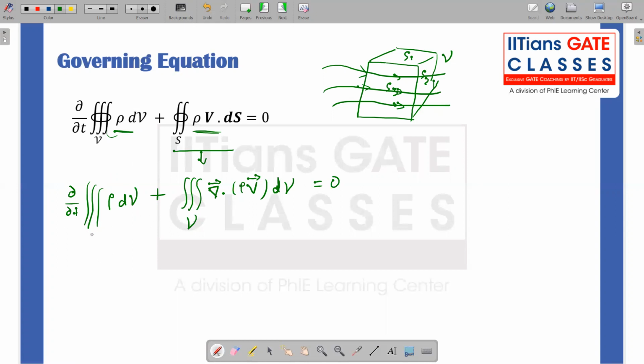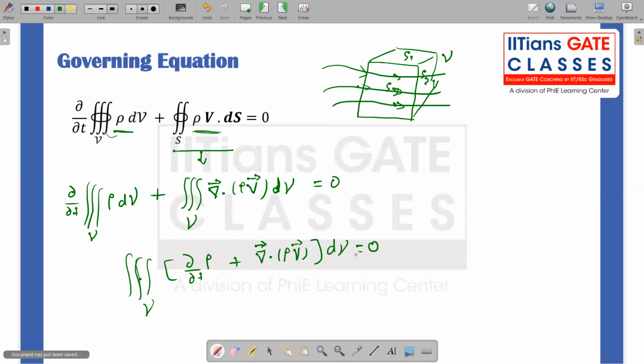So I can club those two integrands together to write a single integral equation: the integral of dou by dou t of rho plus del dot rho v, times dV, equal to 0.